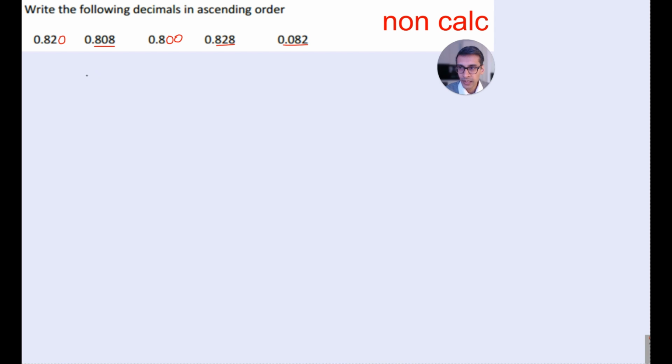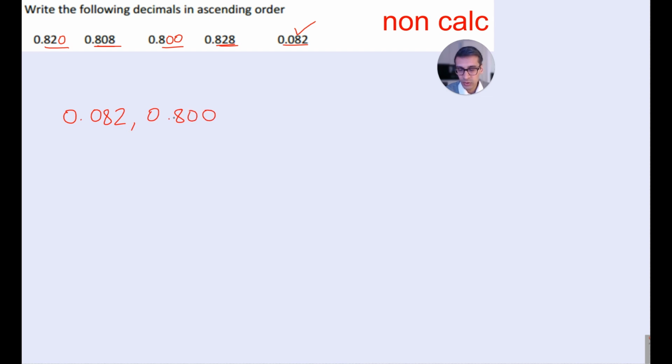And then the numbers you're comparing are 820, 808, 800, 828, and 82. So you can see, you can now put these in order. So 0.082, tick it off as you do it. So that's 82, and then we've got 800, so 0.800.